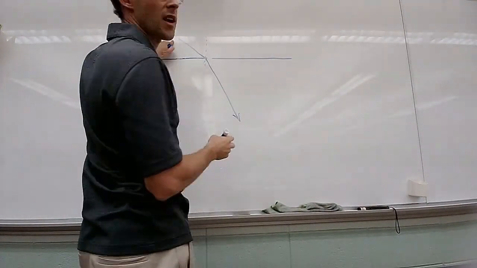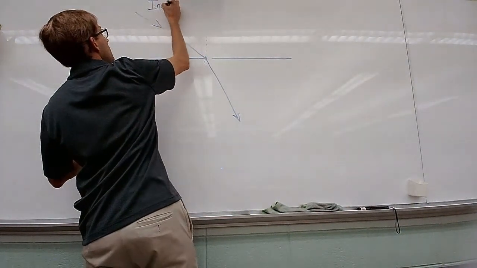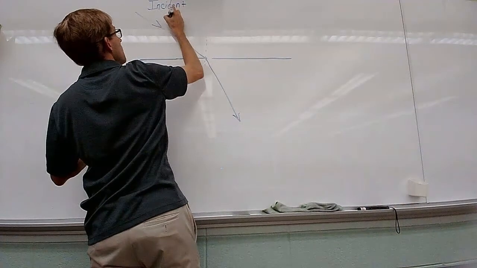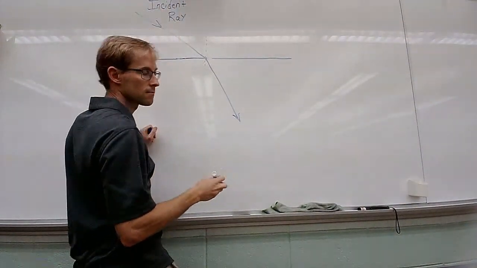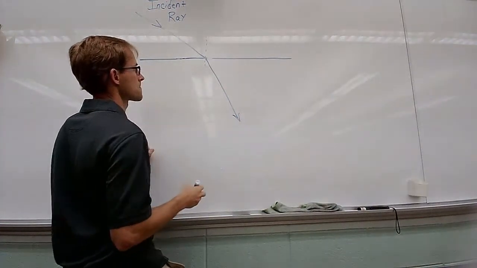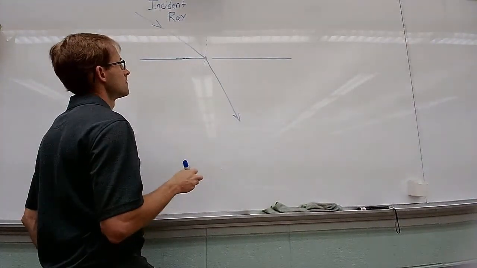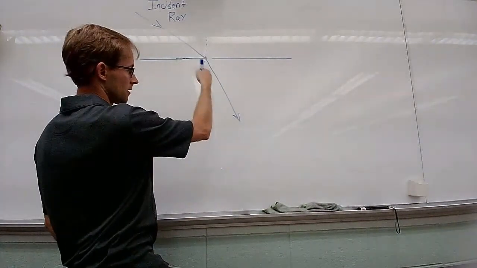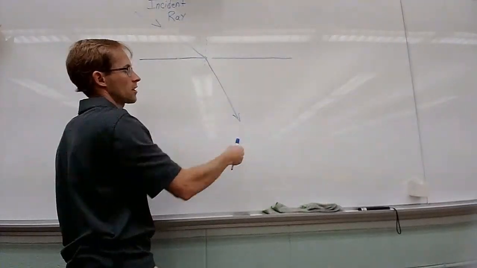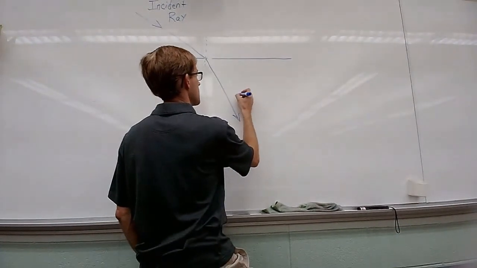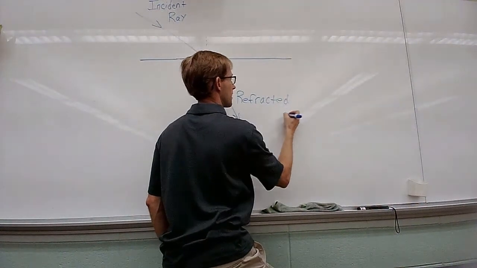So this light ray coming in is called the incident ray. The light ray that leaves is called the refracted ray. When light changes direction like this, we call that refraction. So this is the refracted ray.